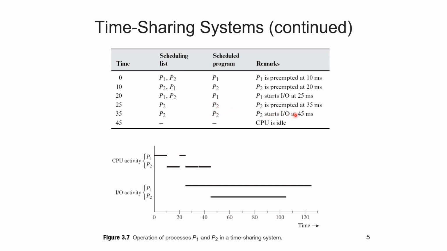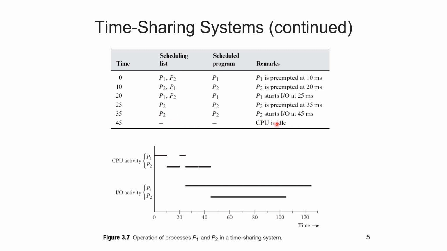So P2 is preempted at 35 milliseconds of time because 10 milliseconds is allotted to each and every process. From 25, adding 10 milliseconds is nothing but 35 milliseconds. So the CPU is allotted to P2 execution, and then it is preempted. Again only P2 will be available in the queue at the time T equal to 35, so P2 will be scheduled again because there is no other request in the queue.